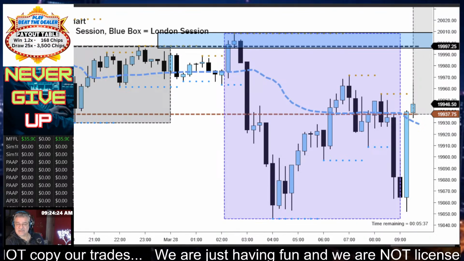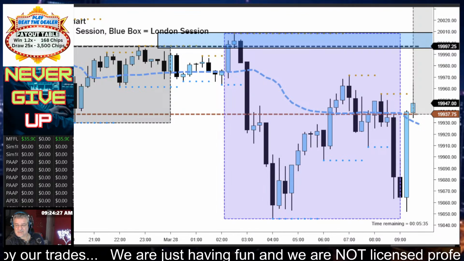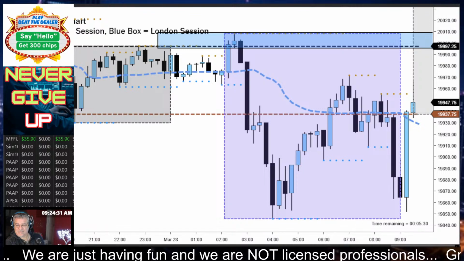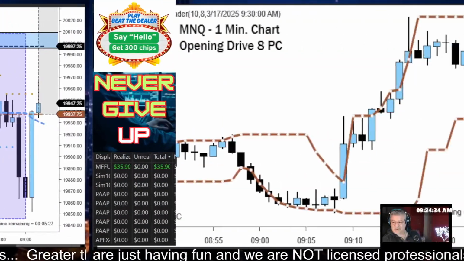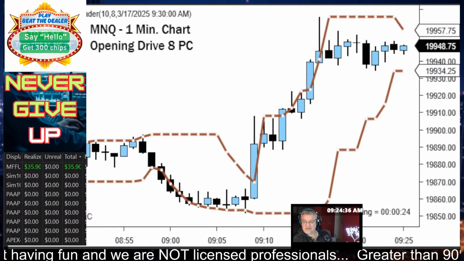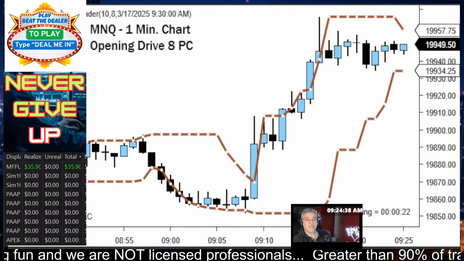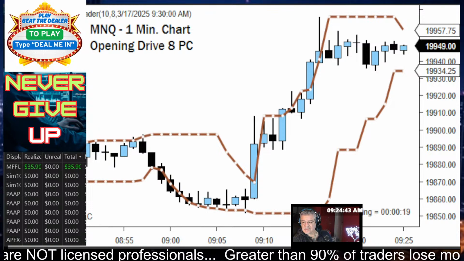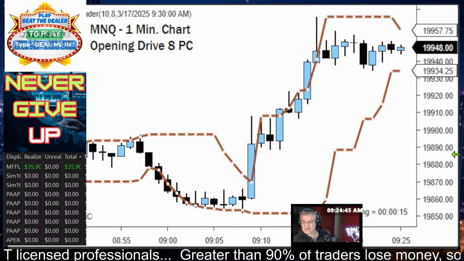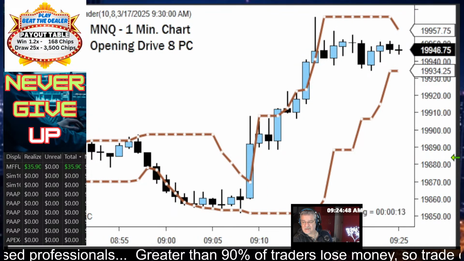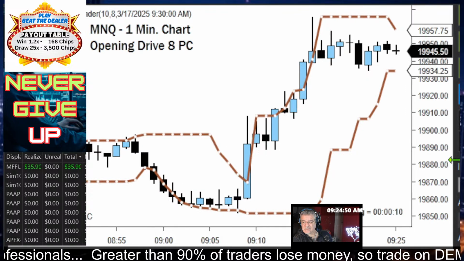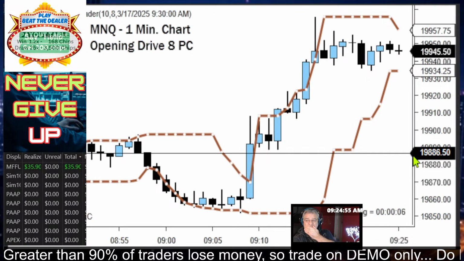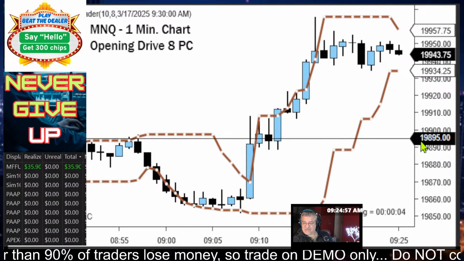Okay, we set up to watch, to properly watch the opening drive. Do I have a bit of a border there? Let me adjust it. Okay, we're set up there because that's going to be the first trade in about 5 minutes from now.